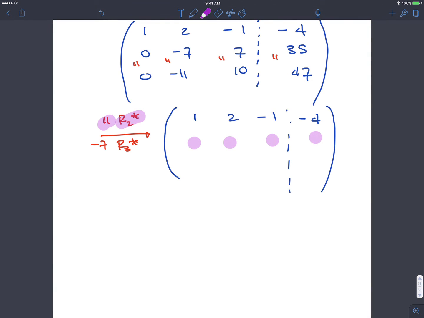So 11 times 0 is 0. 11 times -7, -77. 11 times 7 is +77. 11 times 35. Make sure we know what 11 times 35 is. We get 385.